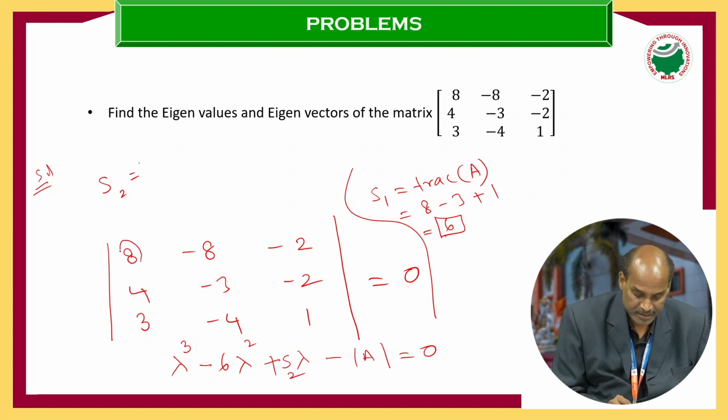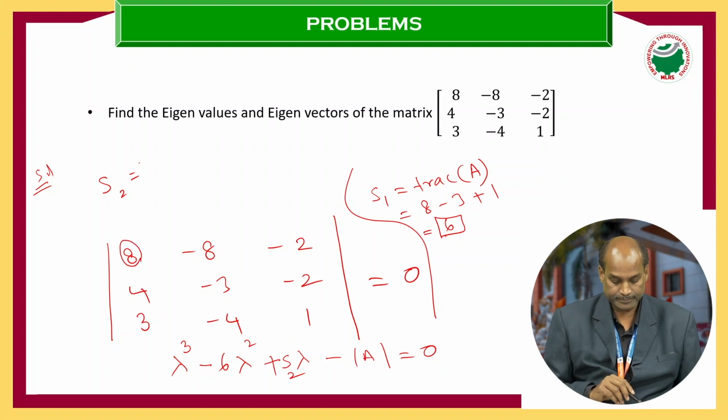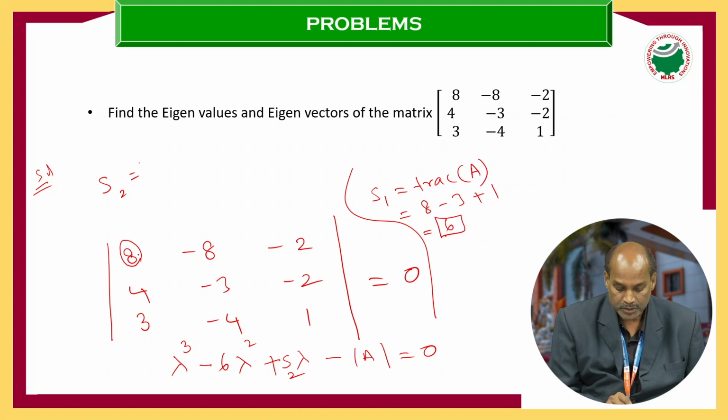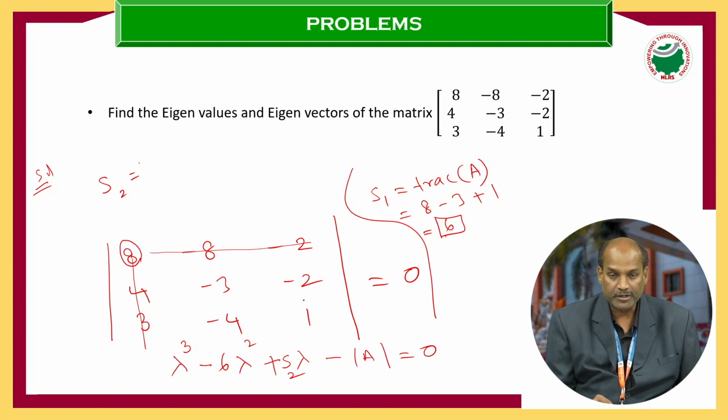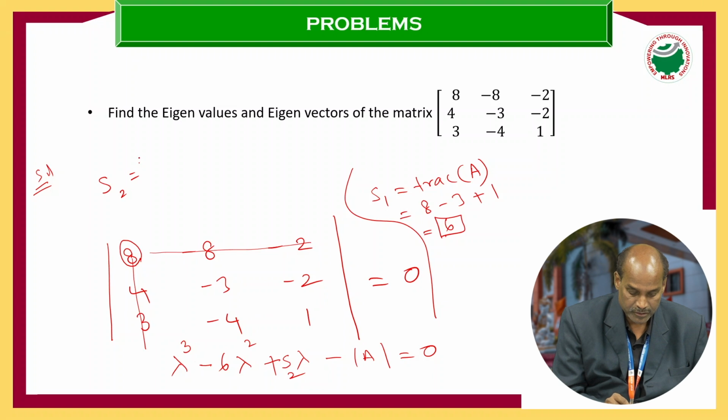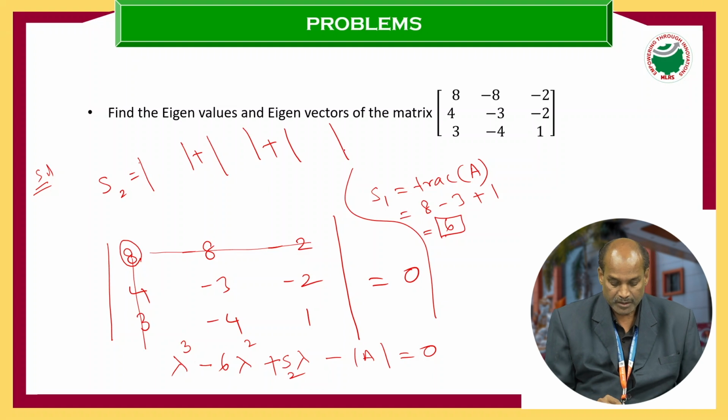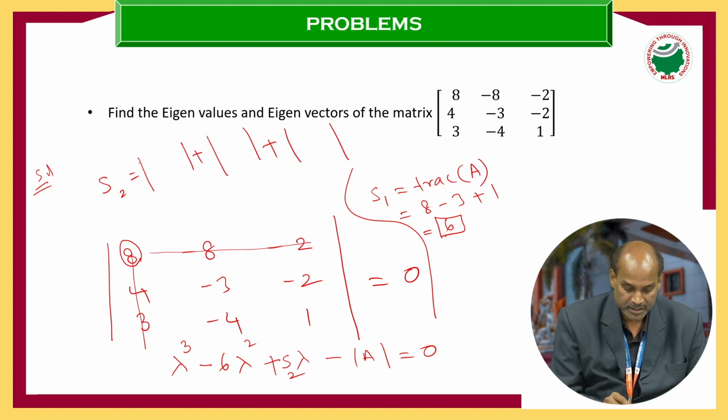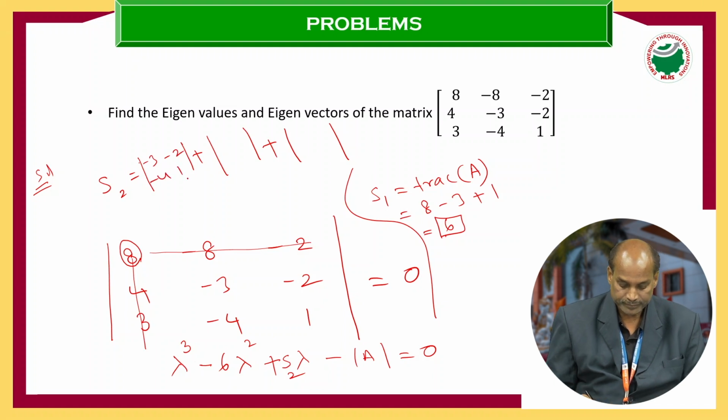The first element's minor means you delete this row and this column, then take the determinant of the remaining elements. It is a 2 by 2. So write the first one, plus another element, plus 3 determinants. So here it is minus 3, minus 2, and minus 4 and 1.